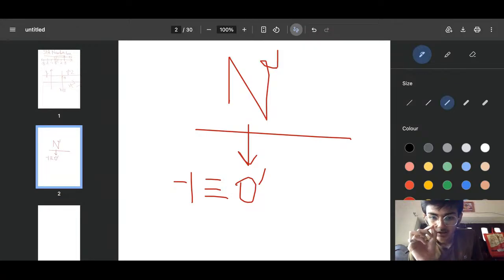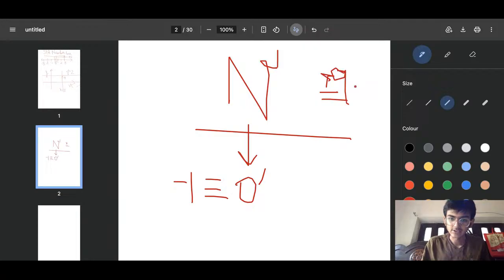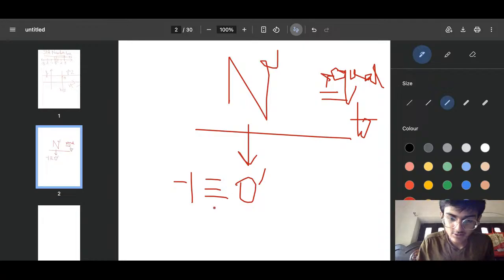This is called assigning a definition while defining a new system using equivalence. These three lines are the sign of equivalence. Equal to is just these two lines like this. This is equal to. But this is actually the equivalence.